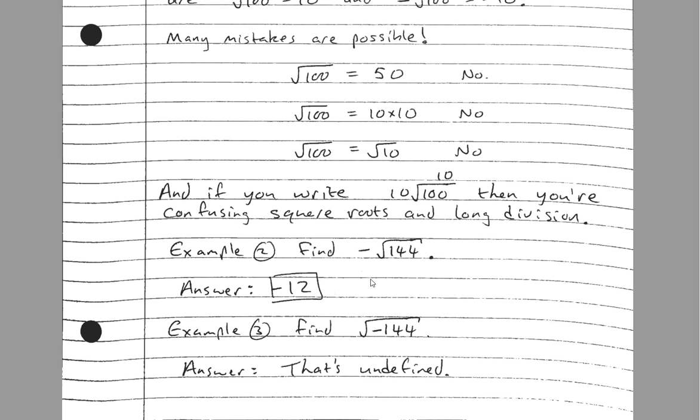And what happens if we put that negative sign inside? Do we get the same answer? No, so this is what we were saying before. For us, square roots of negative numbers are always undefined. So just write undefined.